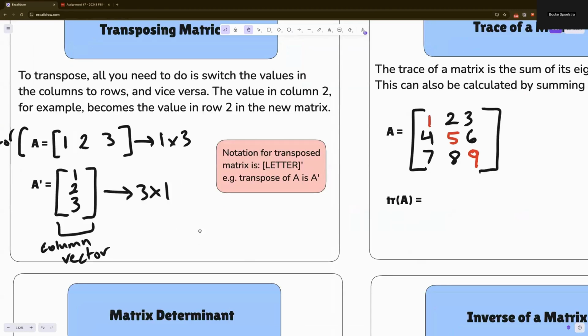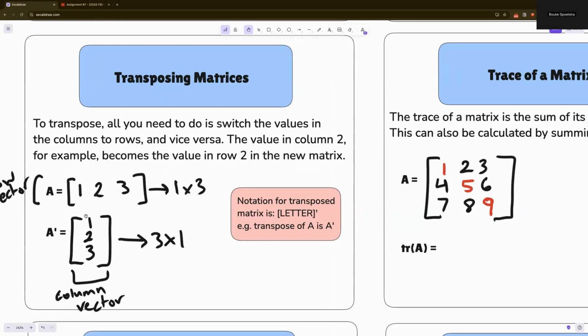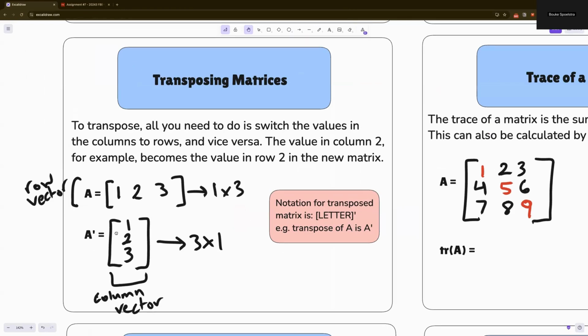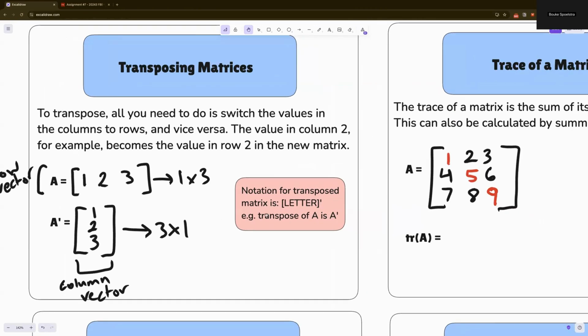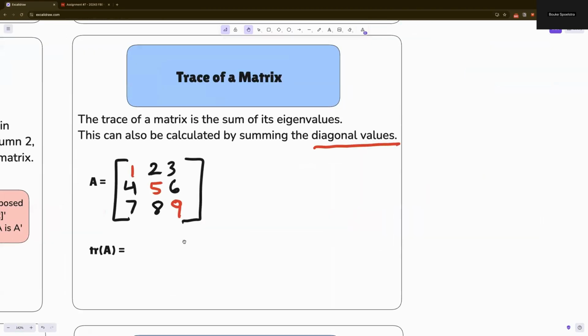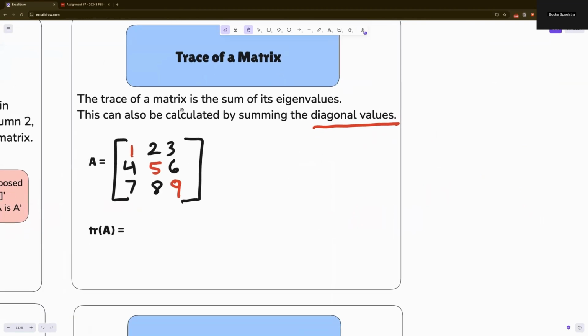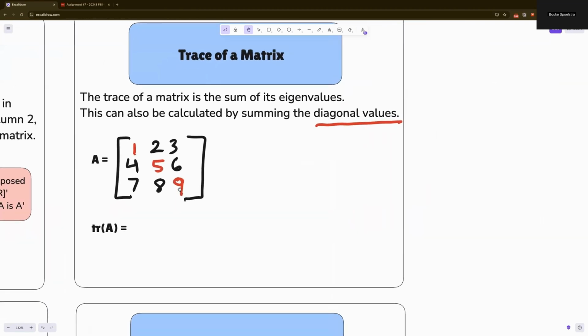Yeah, so the transpose is just switching the corresponding rows and columns. And the notation would be the letter with an apostrophe next to it. So the transpose of A would be A prime, or A with the apostrophe next to it. The trace of the matrix is essentially just the sum of the eigenvalues, or the sum of the diagonal values in it.